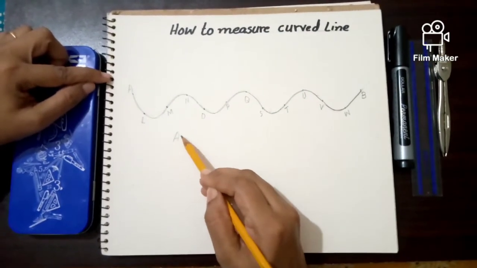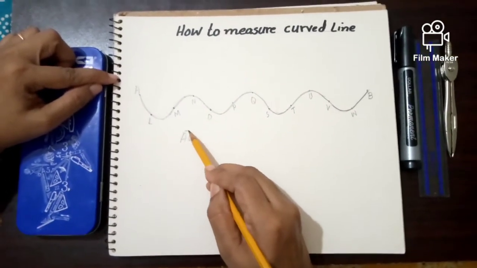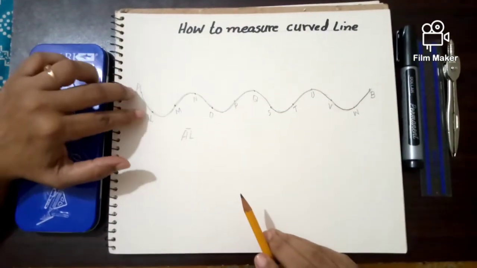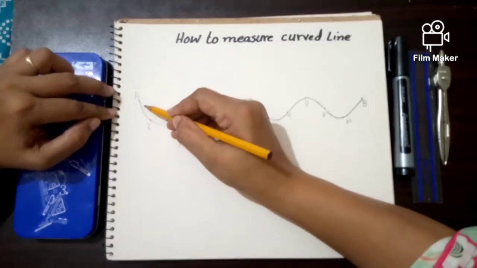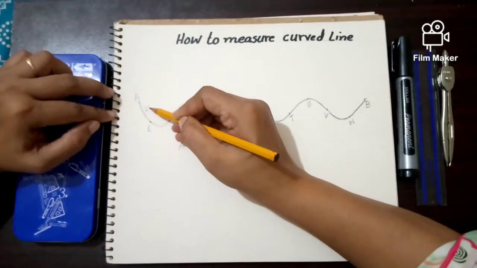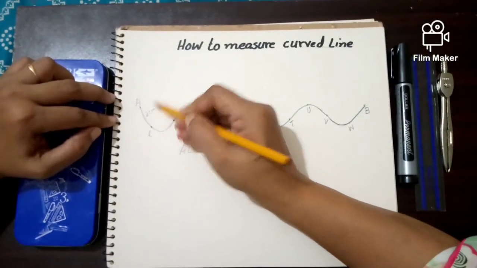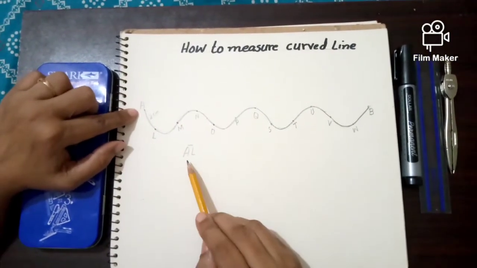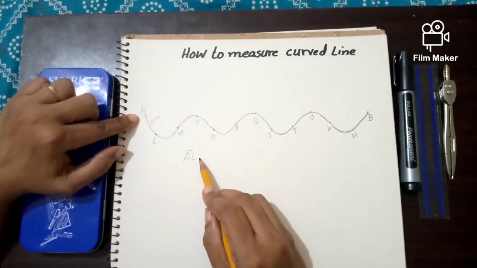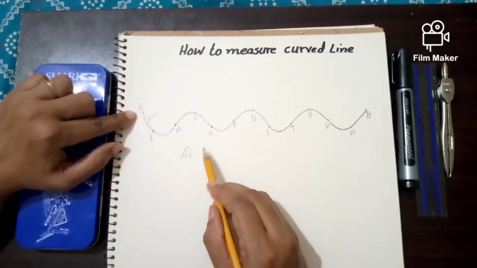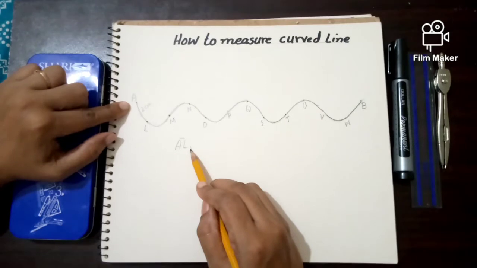The first segment is AL and each segment is of 2 centimeter. The length of each segment of curved line is 2 centimeter. It means AL is equal to 2 centimeter.